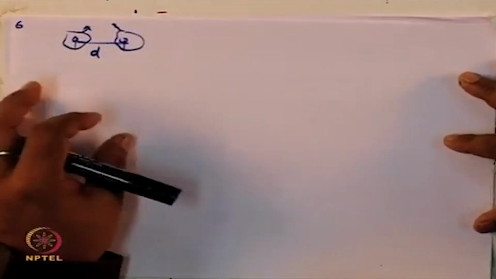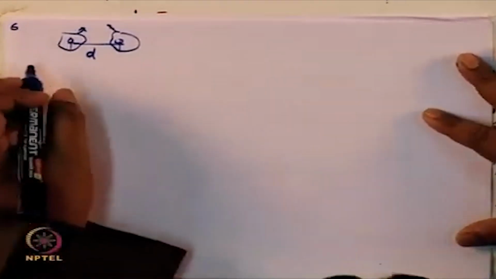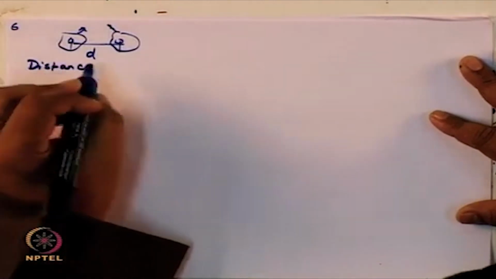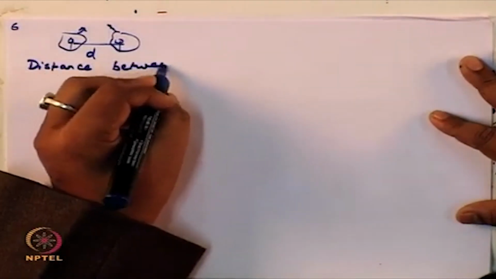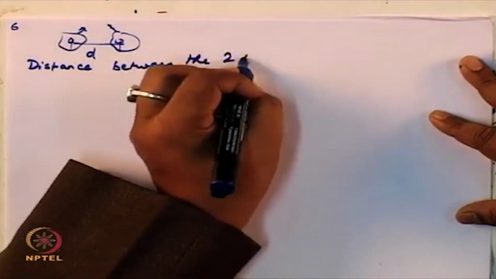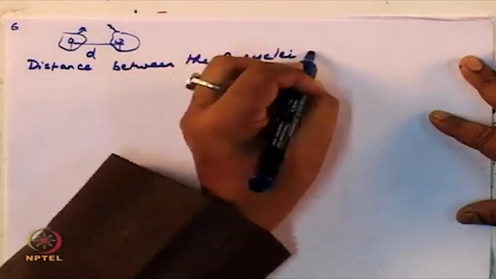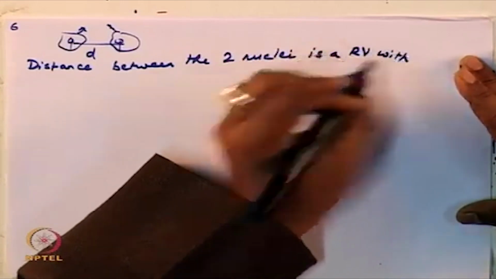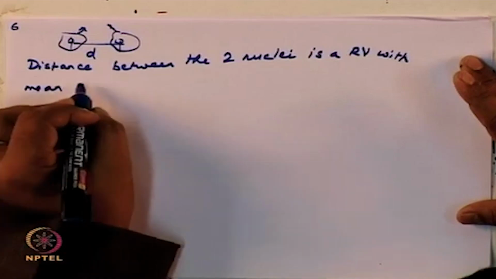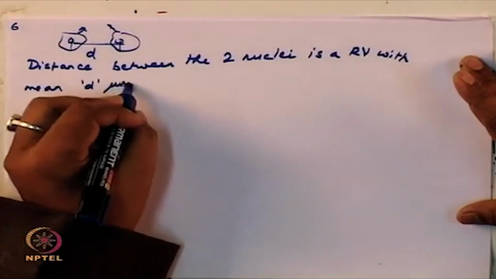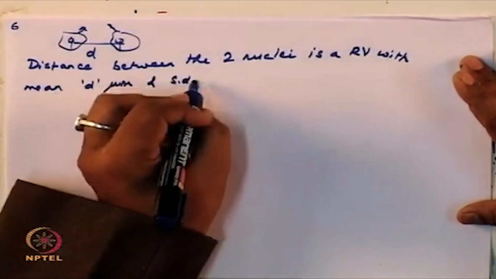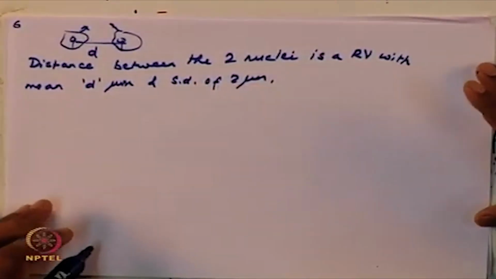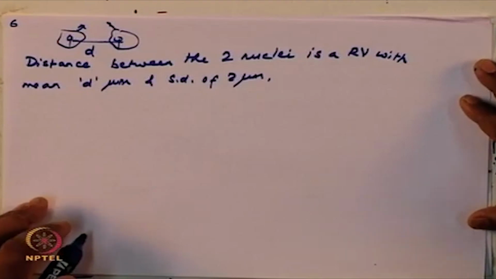This is D. And what you find is that the distance between the two nuclei is a random variable with a mean of d microns and a standard deviation of 2 microns.